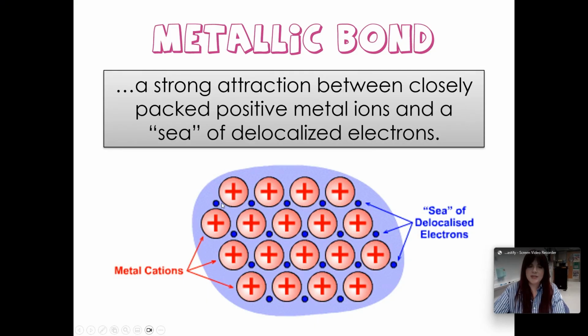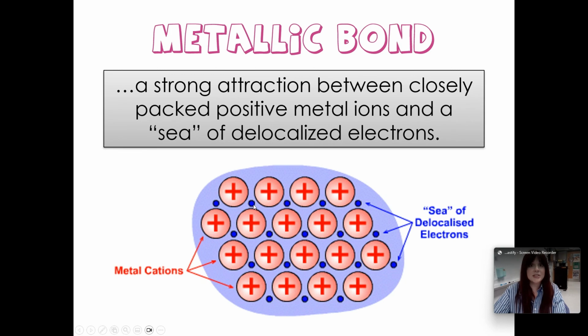These red spheres are all positively charged metal ions. And all of these metal ions overlap in their electron clouds. So this blue circle shape right here, it's not really a circle. This is one big electron cloud that surrounds all of those metal ions.